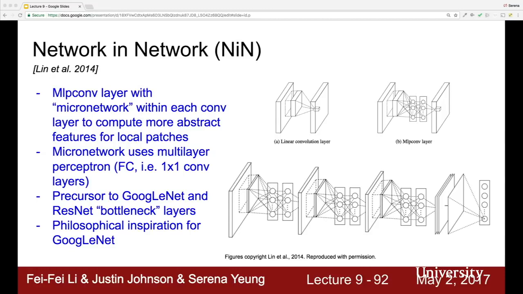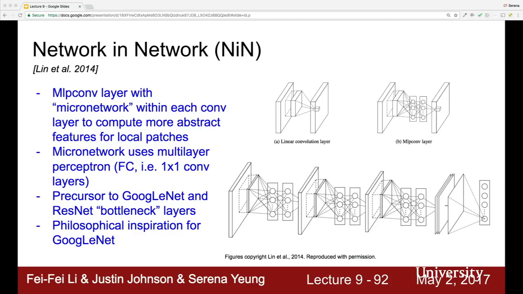The first one, Network in Network, is from 2014. The idea behind this is that we have these vanilla convolutional layers, but it also introduces the idea of MLP conv layers, they call it, which are micro networks, or basically a network within a network, the name of the paper.